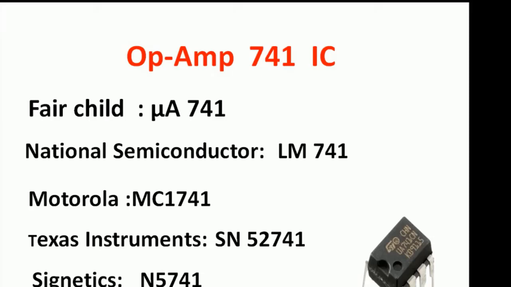There are many manufacturers, but Fairchild is the first manufacturer and it uses the code MUA, and it sold this IC in the market as MUA741. Similarly, there are other manufacturers like National Semiconductor, which uses code LM, Motorola uses code MC, Texas Instruments uses code SN, and Signetics uses code N, but the last three digits are 741.